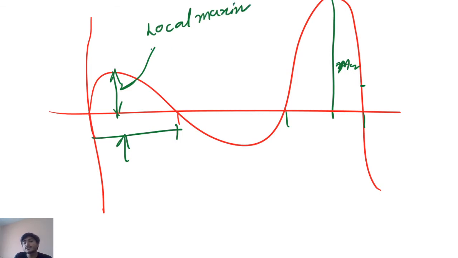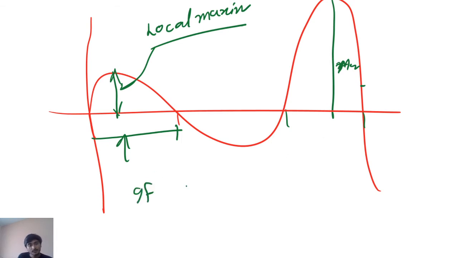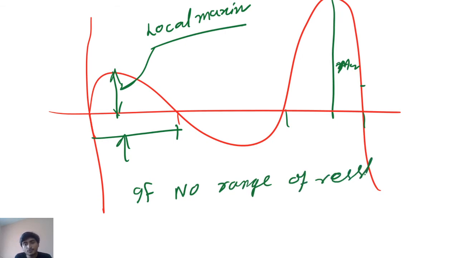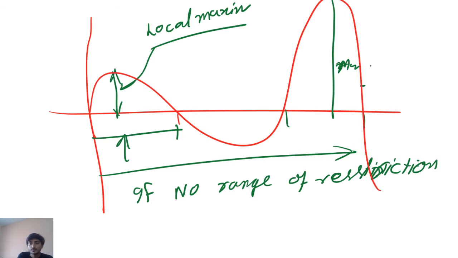Okay guys, so this will be known as local maxima. But if no range of restriction is there, meaning no restriction on the selection of the x-axis, you can easily say this is your maximum point, which is more than even this one.